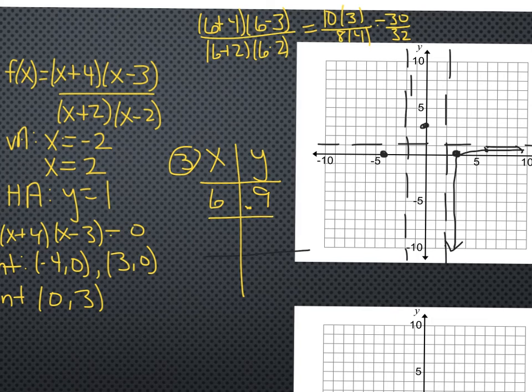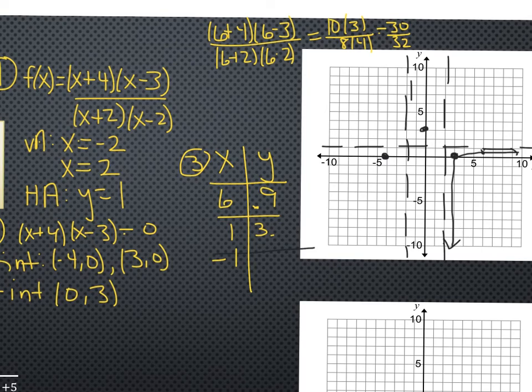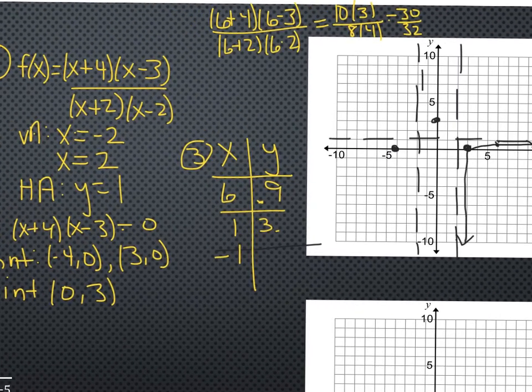Now, in our sketch, we need something in the middle. So I would probably try 1 and negative 1, and then go through the same process. When I substitute 1 in for x, you will get approximately 3.3. And remember, you can do this step in a calculator if you need to. For negative 1, you should get 4.